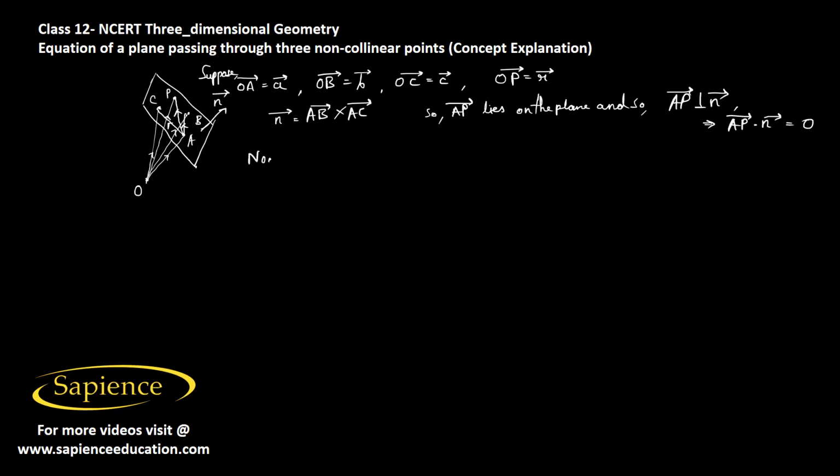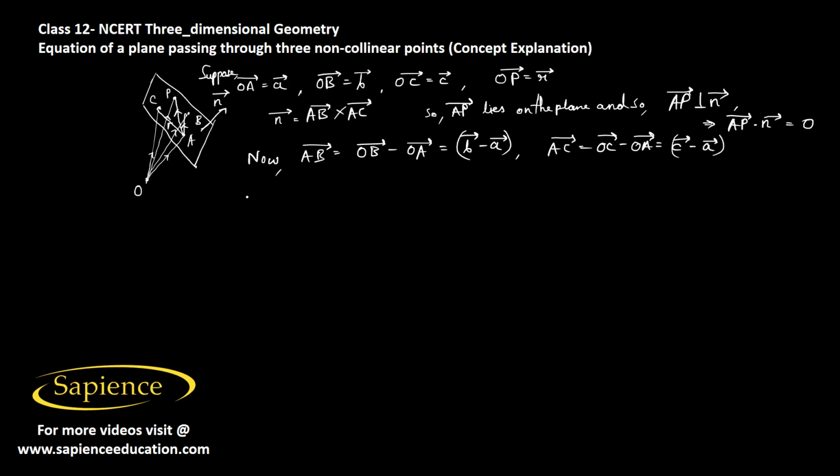Now AB vector should be obviously OB vector minus OA vector, that is B vector minus A vector. And similarly, AC vector will be OC vector minus OA vector, so this would be C vector minus A vector.